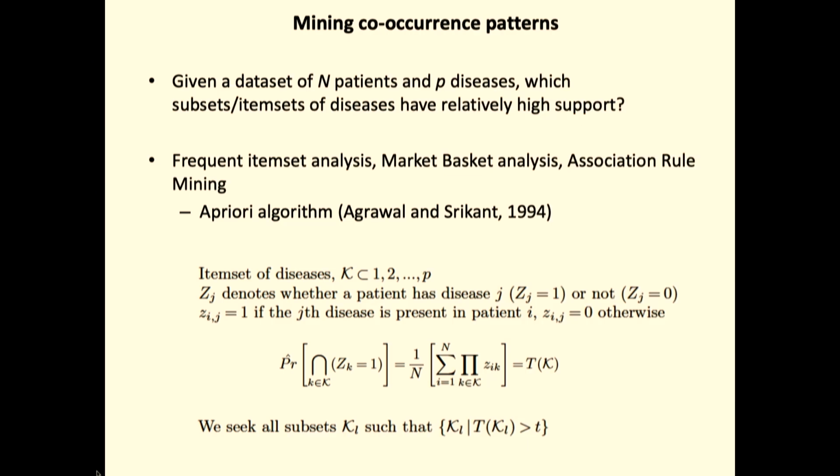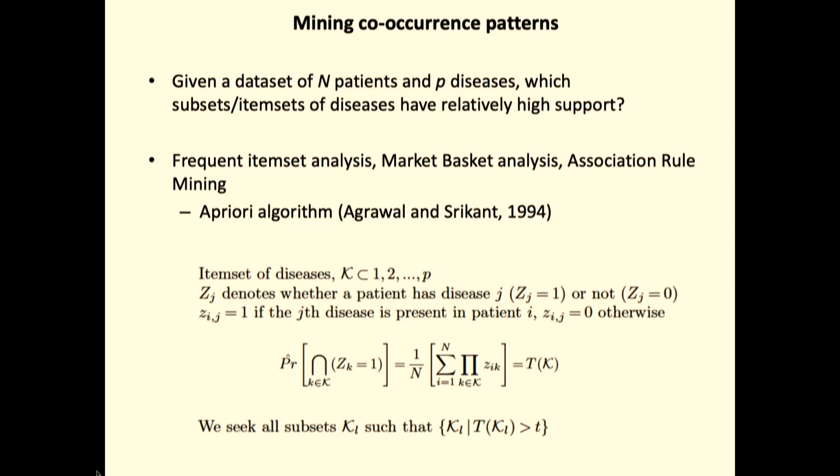And by the way, this whole procedure is called frequent item set analysis. It's also called market basket analysis, because it used to be used in the grocery store or retail setting. So if you're buying bread, you're also buying cheese, you're also buying peanut butter. That would be a trio of things you would purchase together. So you have millions of retail transactions to which this a priori algorithm, the frequent item sets algorithm, would be applied.